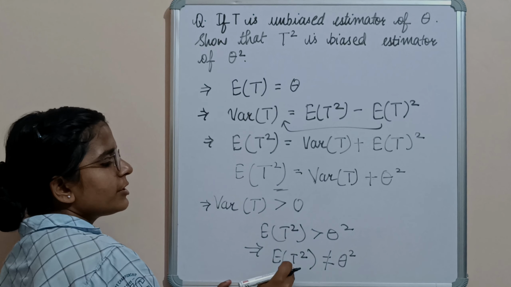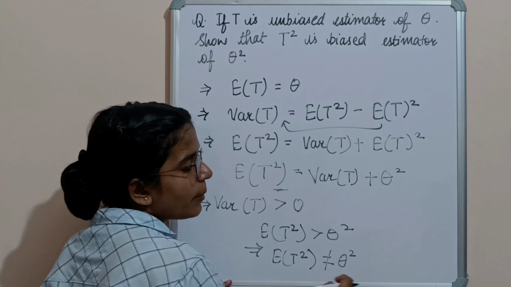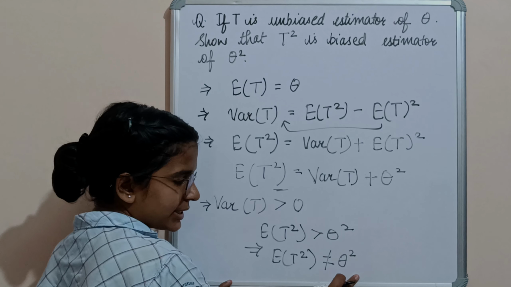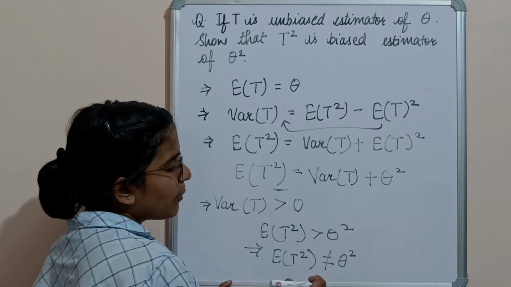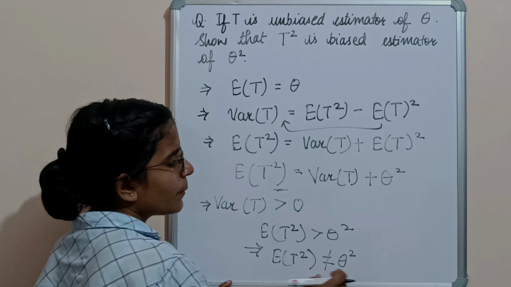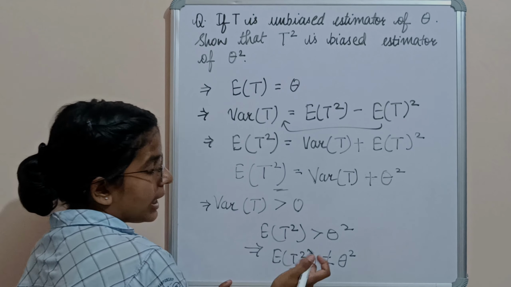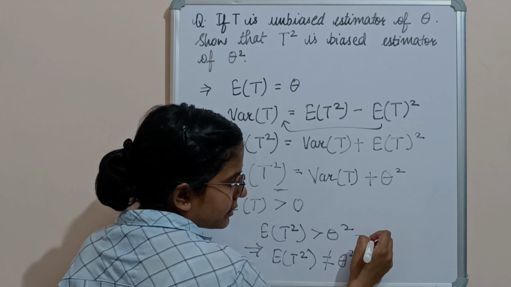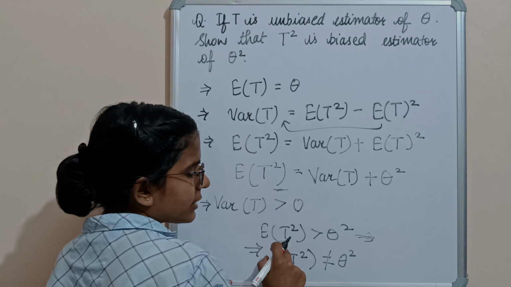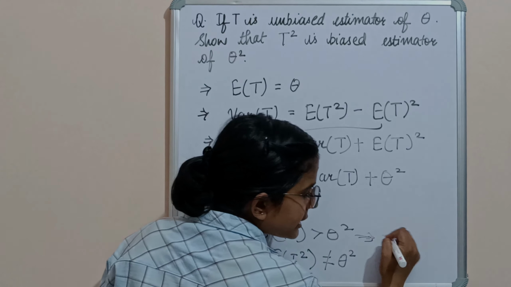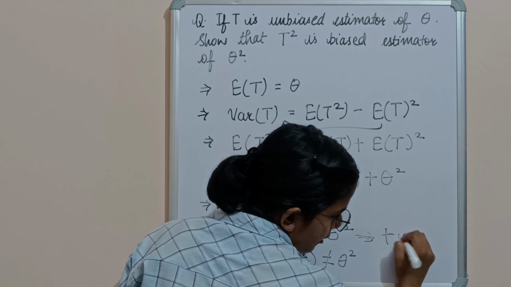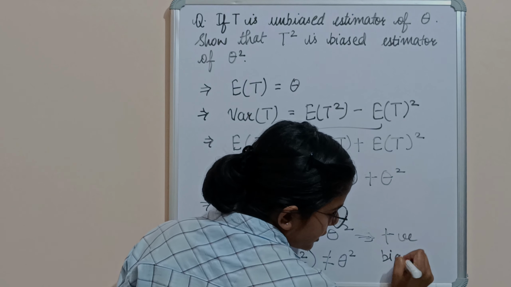That means T square is not an unbiased estimator of theta square. That also means that T square is a biased estimator of theta square. And we can note from here that T square is a positively biased estimator of theta square.